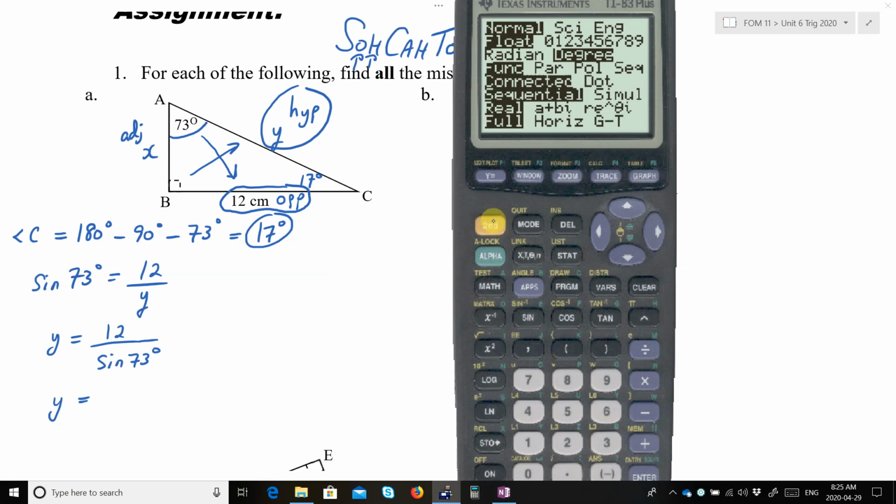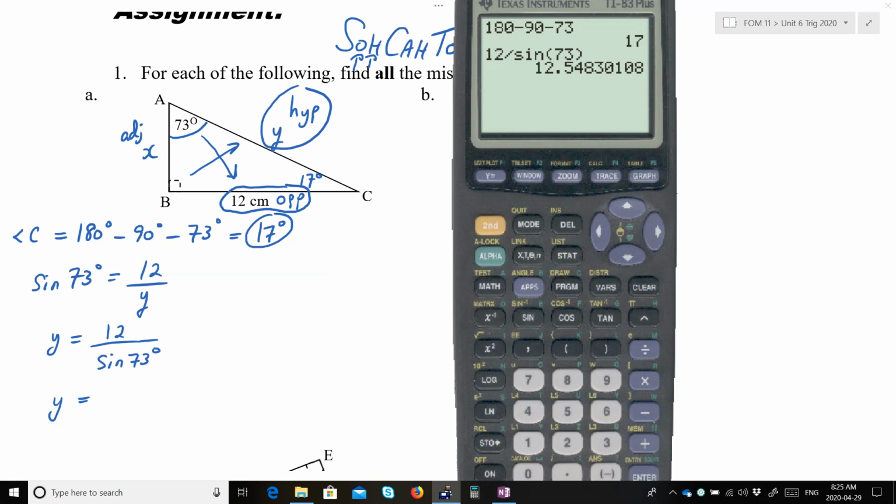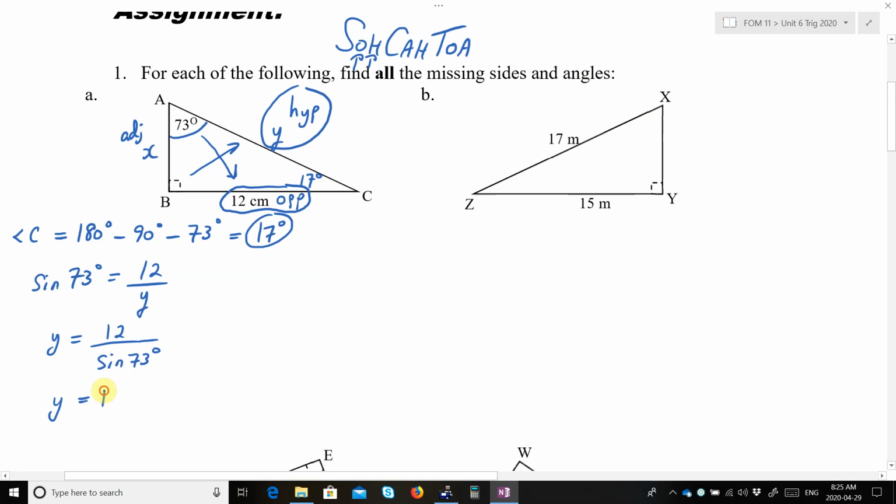I'll just double check I was in degree mode. Good, so 12.5 centimeters. And then we have that opposite side, which is an exact 12 centimeters.